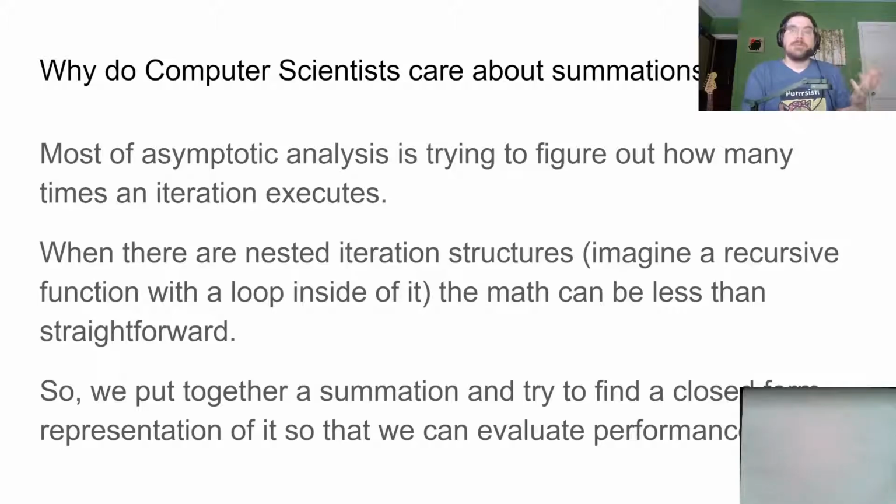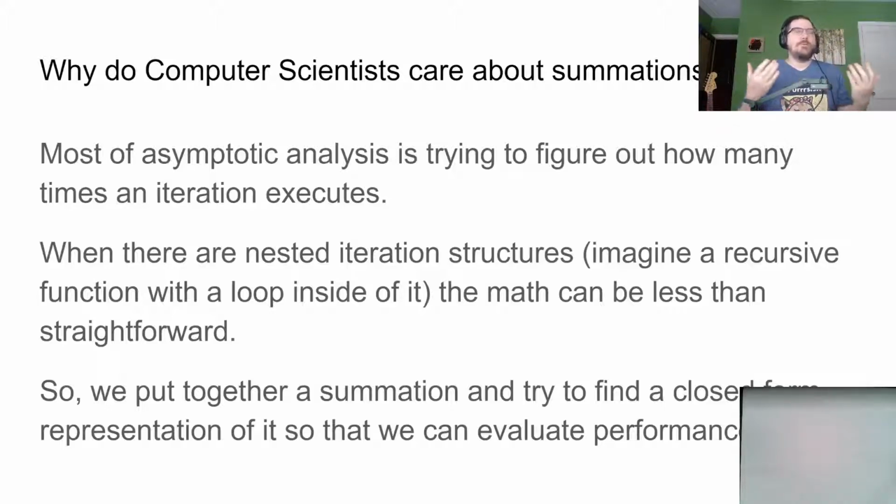are summations. So once you can take your code and turn it into a mathematical equation, you can do all this cool stuff with summations to simplify them and then hopefully derive what we're going to call a closed form.